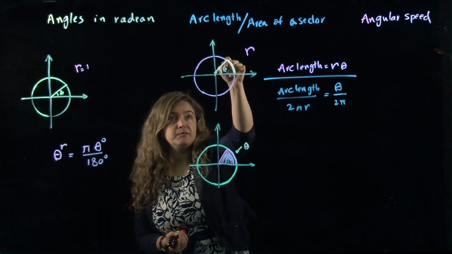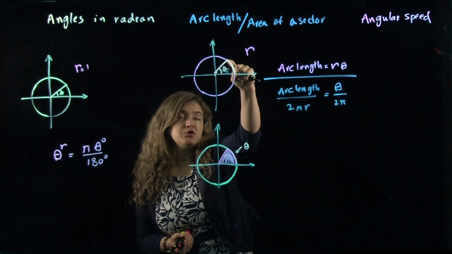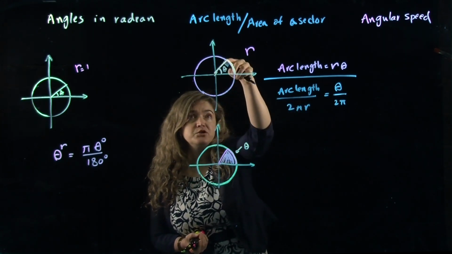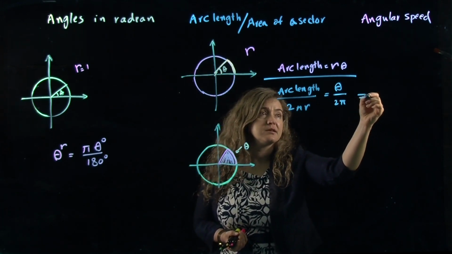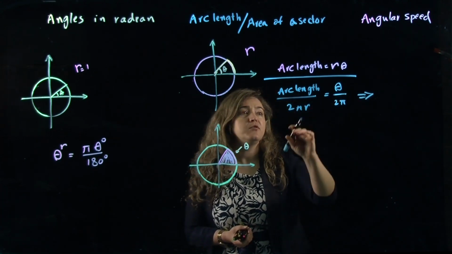The ratio of theta over 2 pi is the same ratio as the arc length to the entire circumference. That's another logical way of deriving the same formula.